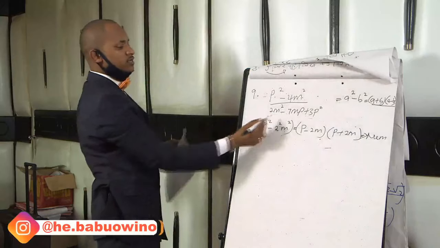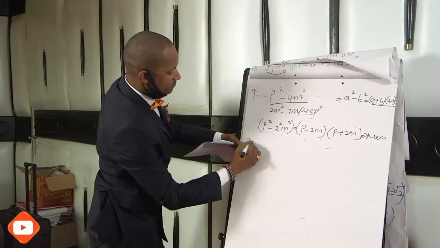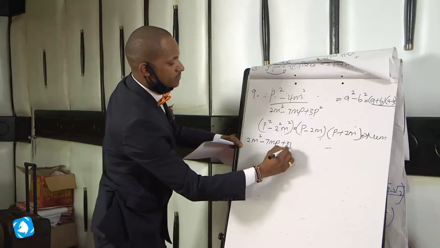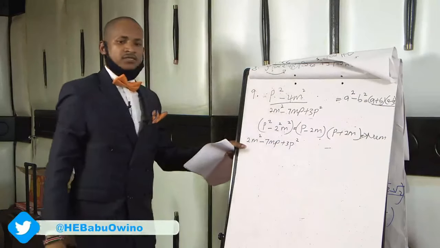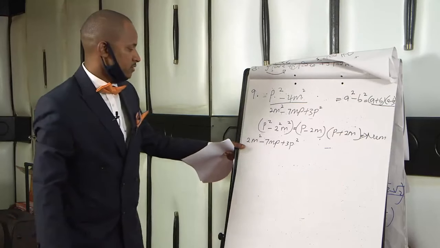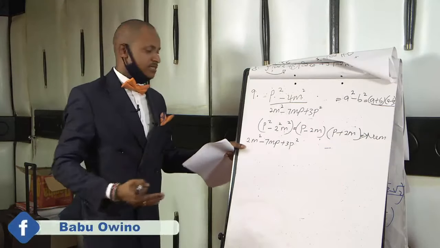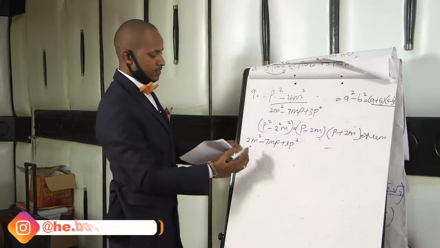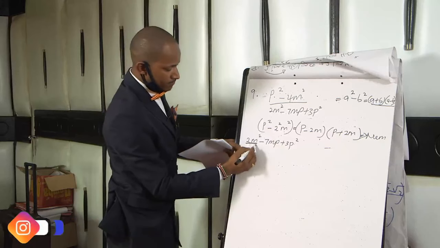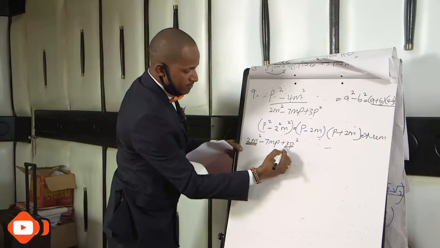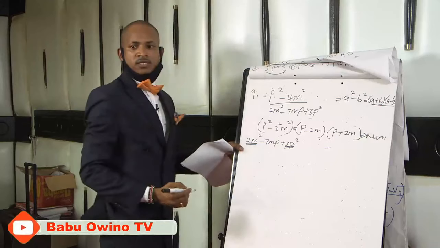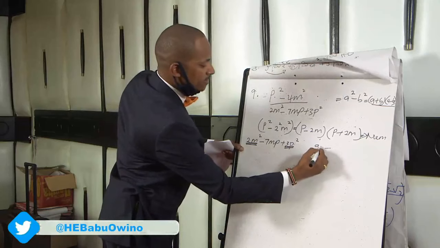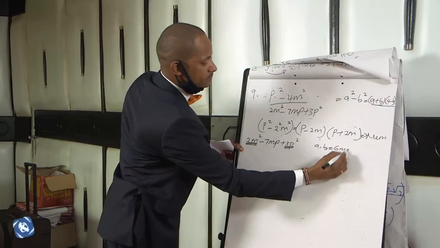Then we go to the denominator. At the denominator, we have 2m squared minus 7mp plus 3p squared. This is a quadratic expression, and we solve it just by factorizing. Look for two numbers that, when you multiply, give you 2m squared times 3p squared, which gives 6mp.